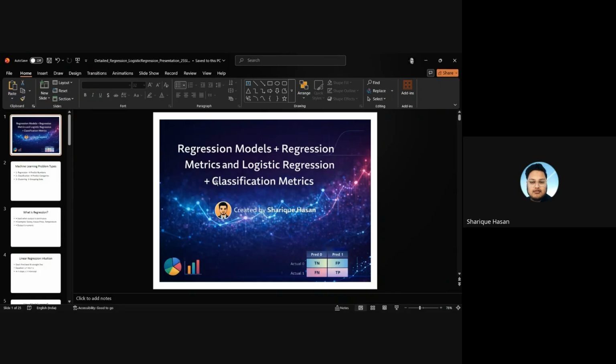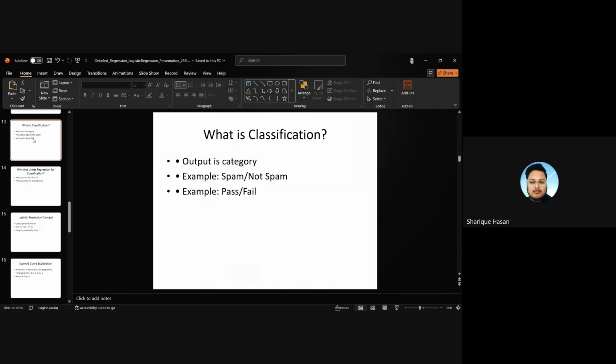Now we are studying the classification metrics and logistic regression. The classification output is categorical. We put the output into a particular category. For example, whether an email is spam or not spam, or whether a student passes or fails an exam.